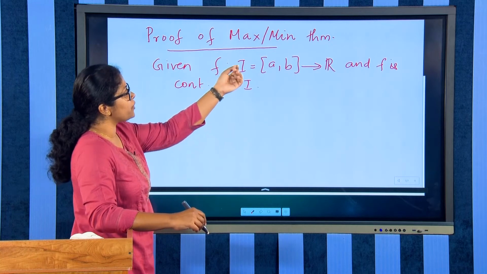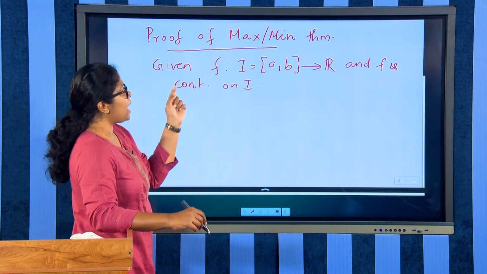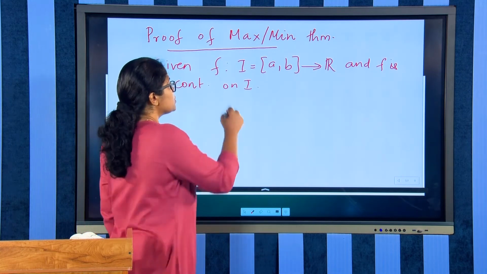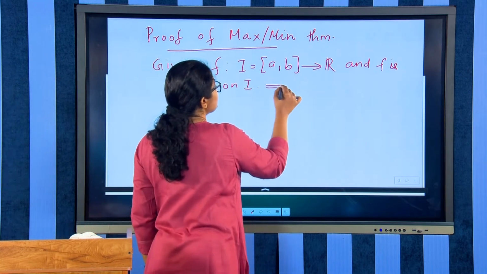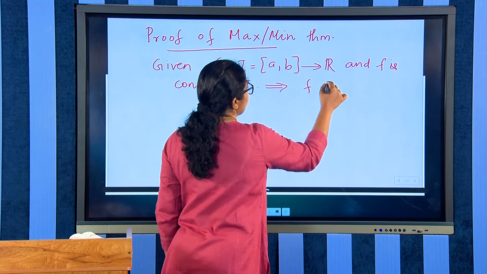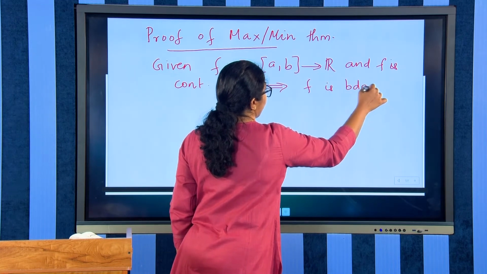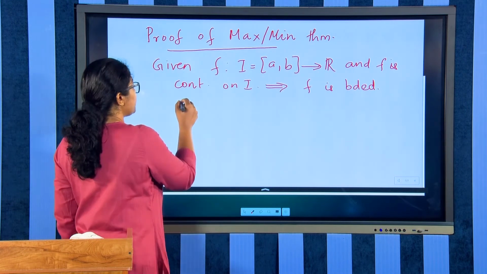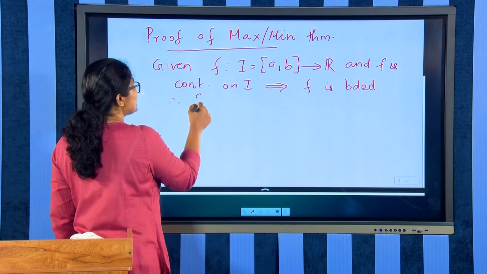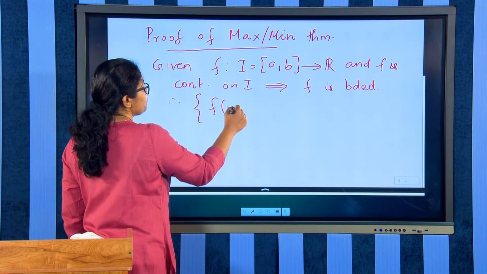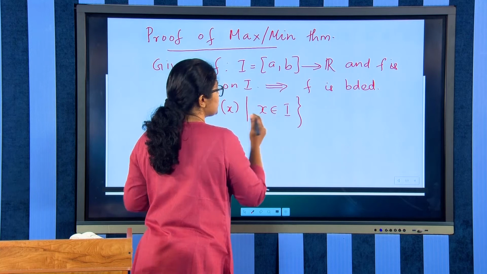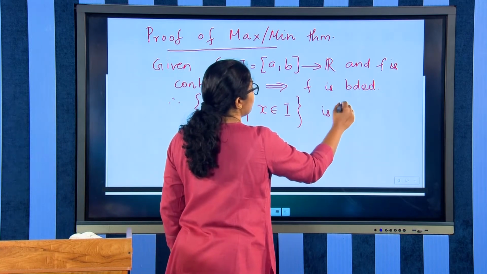If f is defined on a closed bounded interval and is continuous, definitely f is bounded. So, these two conditions indicate that f is bounded. Therefore, by the definition of bounded functions, the set f of x such that x belongs to I, which is called the range set, is bounded.